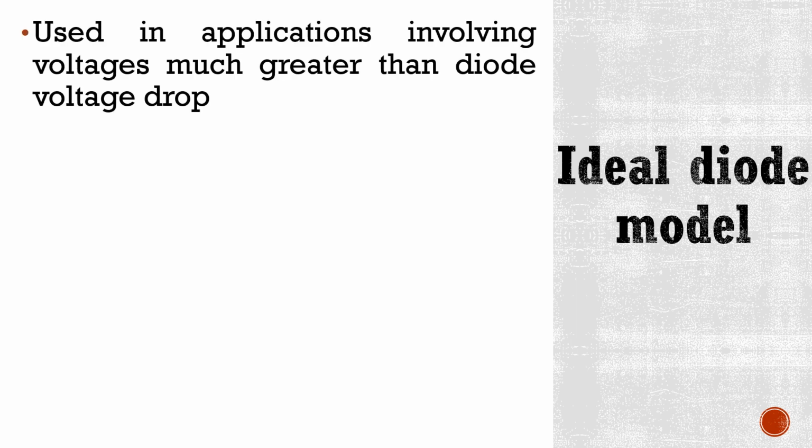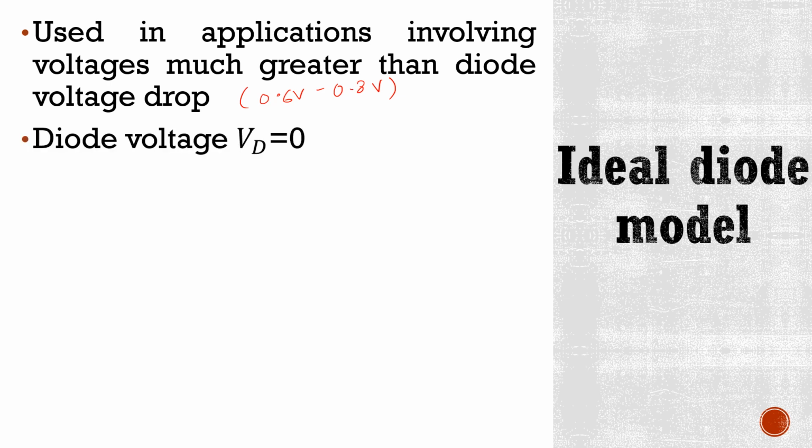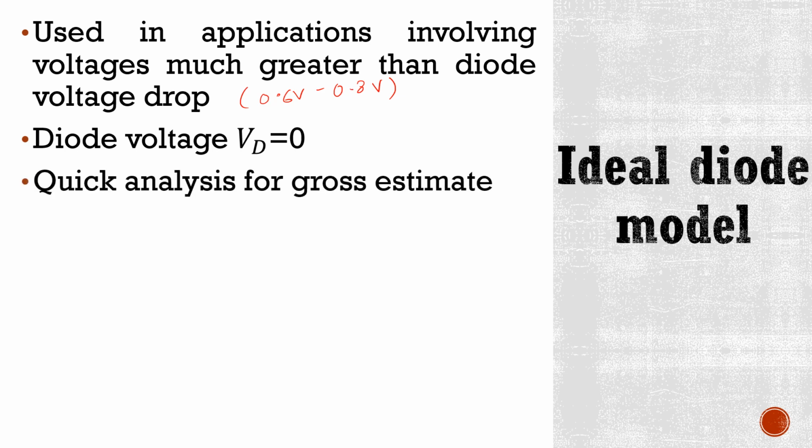In applications that involve voltages much greater than the diode voltage drop, we may neglect the diode voltage drop altogether while calculating the diode current. So the result is the ideal diode model. In this ideal diode model, VD is 0.